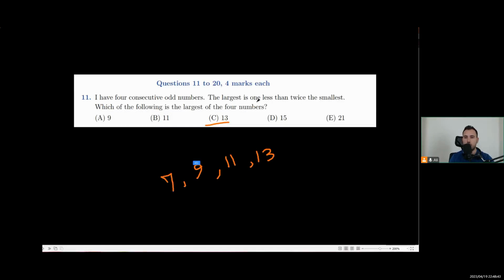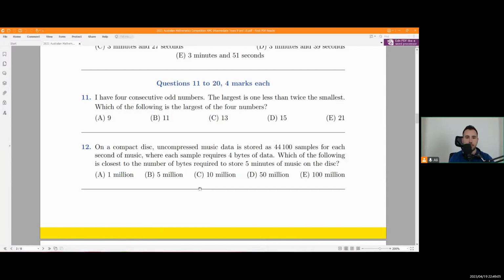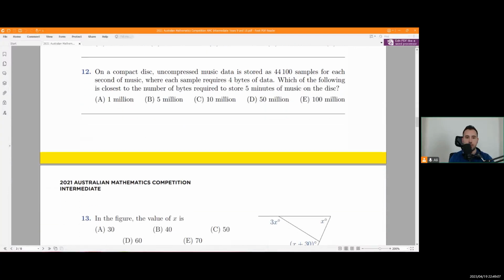Now, the largest one is 1 less than twice the smallest. The smallest is 7. Twice the smallest is 14. And 13 is exactly 1 less than 14. So I got lucky. Easy peasy. So let's go and do the next question. Question 12 it would be.